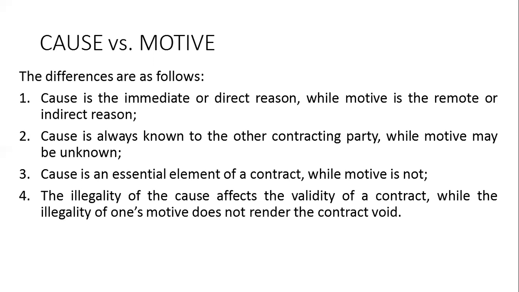So for example, the motive is kaya siya bibili ng bisikleta because gagamitin niya ito para pang hold up. That motive is illegal. Kaya lang, motive is not an essential requisite of a contract, and so it will not invalidate a contract.